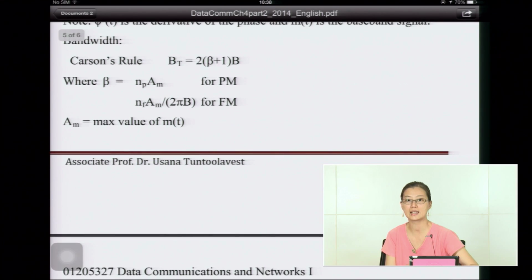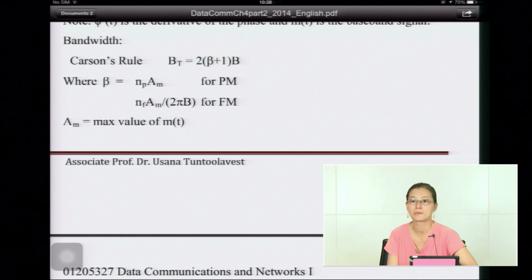Carson's rule tells us that the transmitted bandwidth is equal to 2 multiplied by 1 plus beta, multiplied by B, and beta is more than 0, okay. Beta is equal to n sub p, the phase modulation index, multiplied by A sub m, which is the max value of m(t).